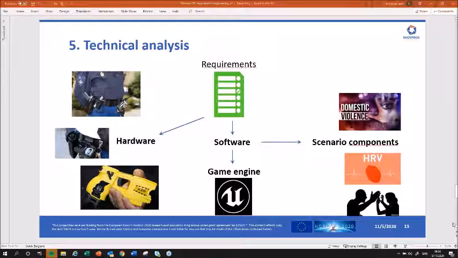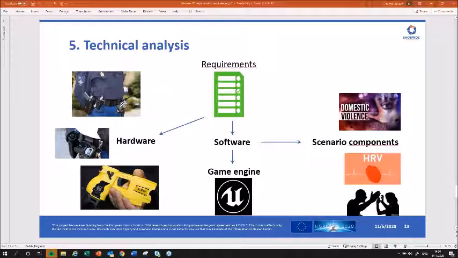So the LIA can have a list which they give to us, and they say, okay, we're looking for a system and it should be able to do this, this, this, this, this. Can you please give us an estimate if you can do it, and for what price?